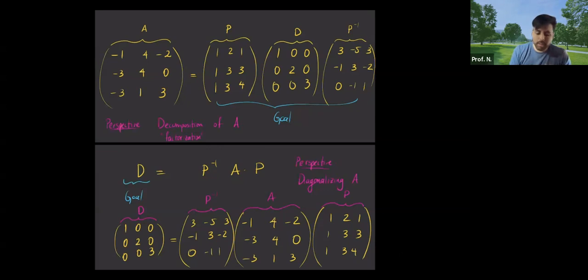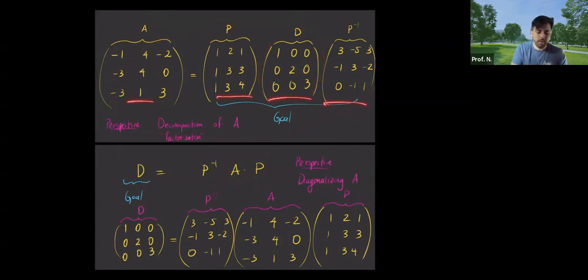So one perspective is let's diagonalize A, which is this one here. Let's make A into a diagonal matrix by multiplying by these two matrices, which is what we need to find. From this perspective, we're saying, hey, I have a matrix A, let's decompose it so that the middle matrix here is a diagonal matrix.